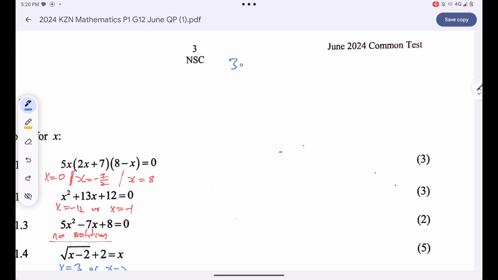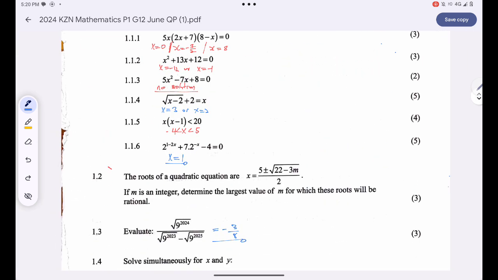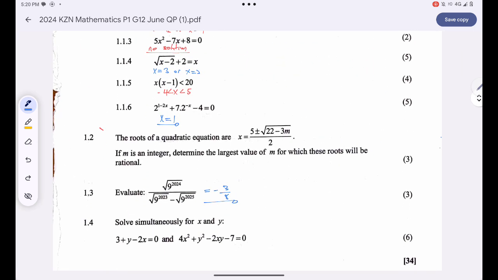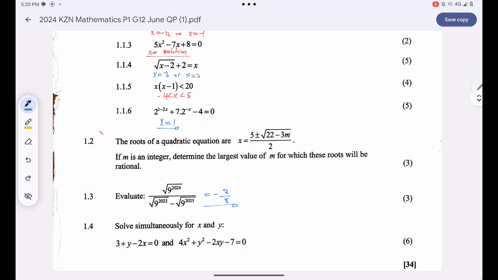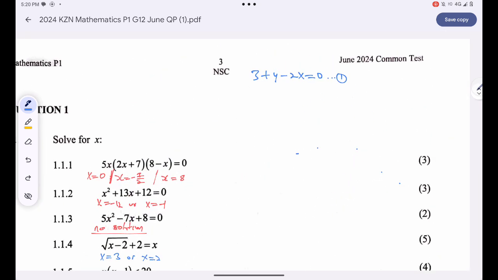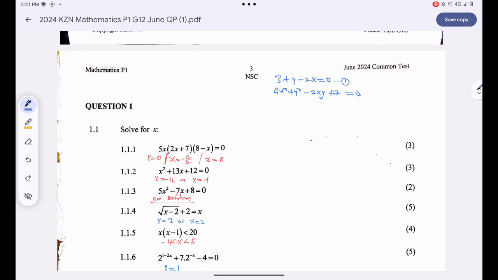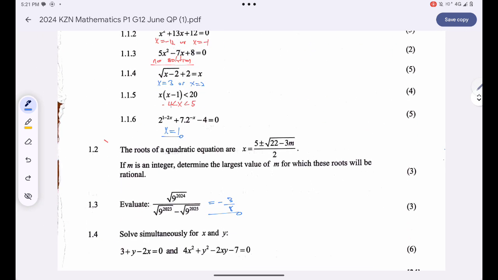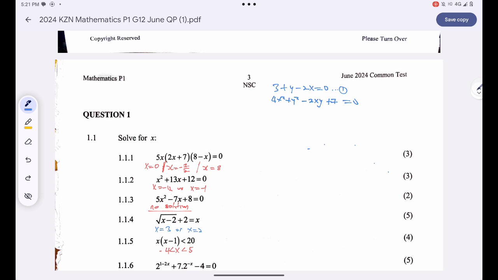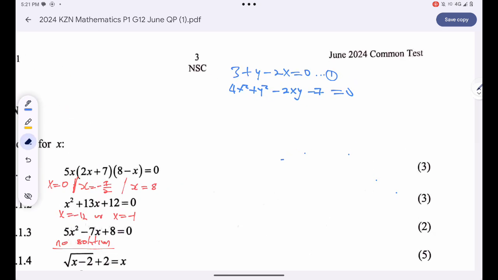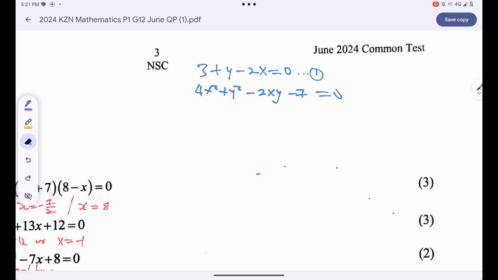Equation 2 says 4x squared plus y squared minus 2xy minus 7 is equal to 0. This is my second equation.